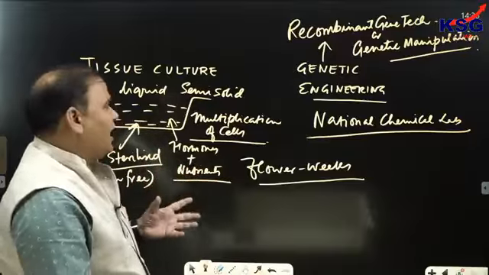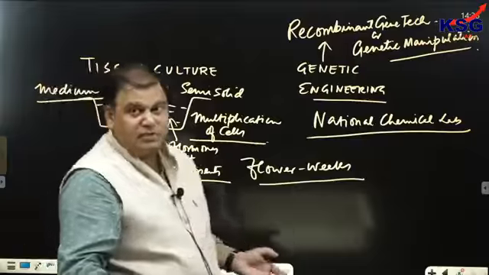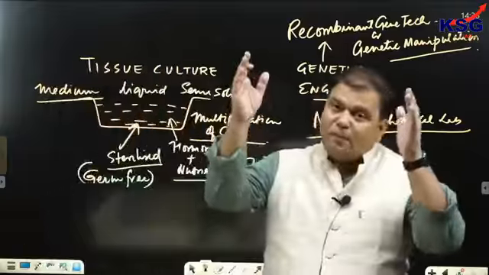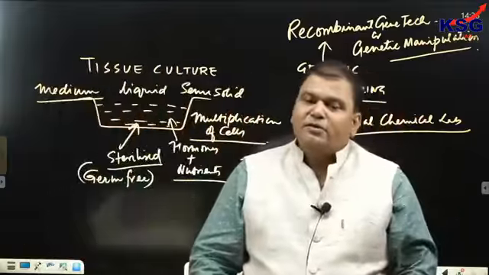So what happened? After the double helix structure of DNA was given, it became possible to change the genetic makeup of organisms.